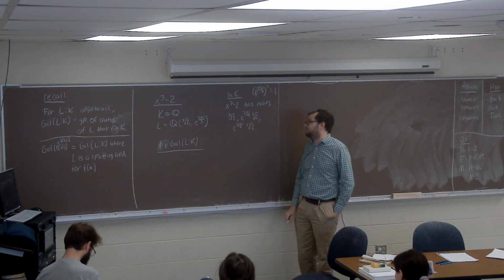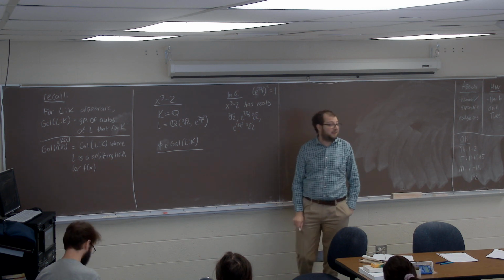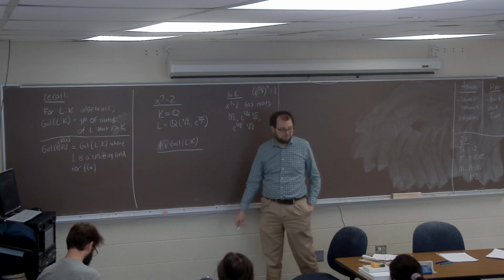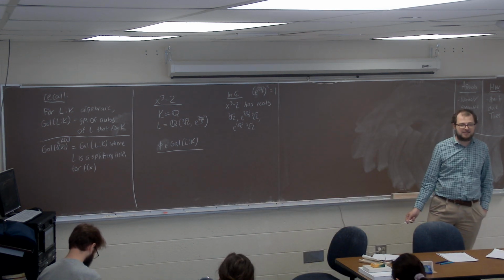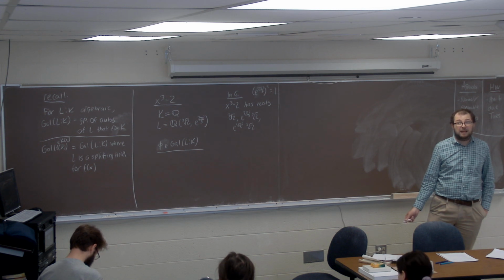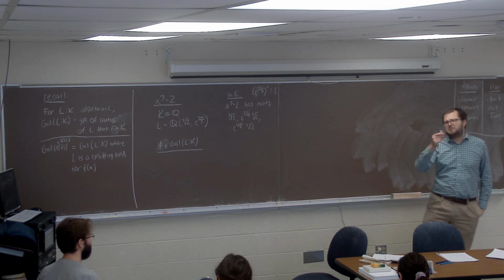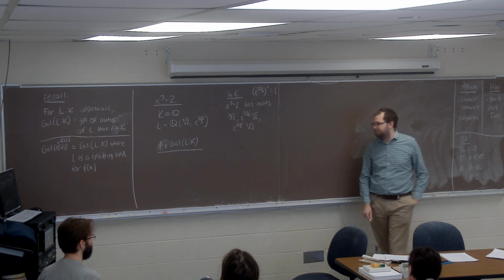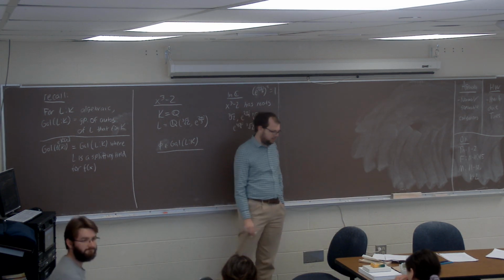Not just automorphisms, but ones that fix K specifically, which by a theorem we said last time ends up just being all automorphisms of L, because we're over Q. If you recall, last time we had a theorem that says any element in the Galois group, or any automorphism of L, if L is an extension of Q, is automatically going to fix Q. I do remember that.